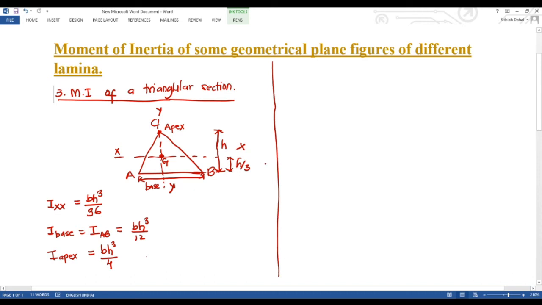numericals. Now next, let us see the moment of inertia of an isosceles triangle or equilateral triangle.